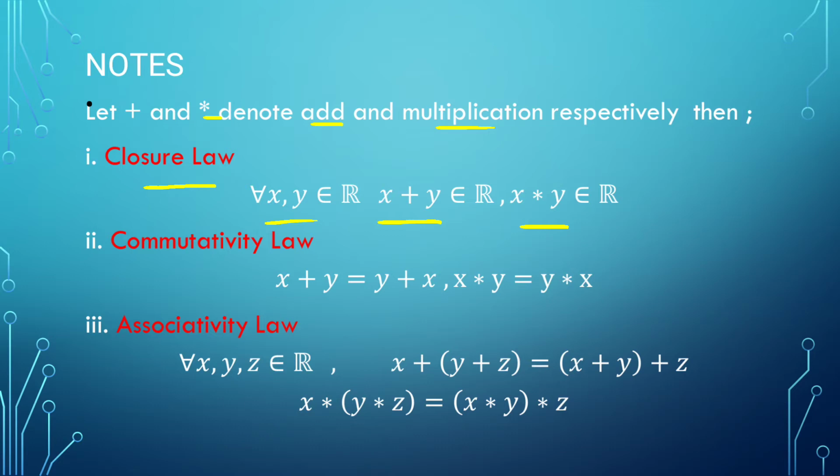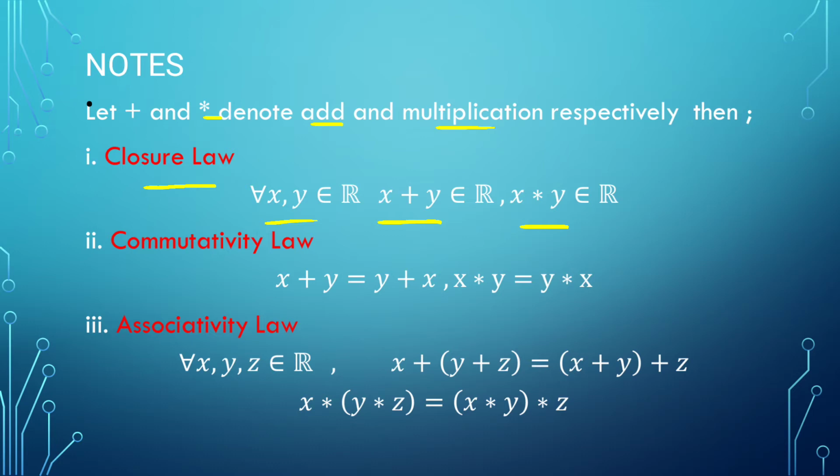For example, we know that 1, 2, 3 are real numbers, so they belong to the real numbers set. Now if you have 1 plus 2, you get 3. Is 3 in R? Yes. When you do 1 times 2, you get 2. Is 2 in R? Yes. So that is called closure law.